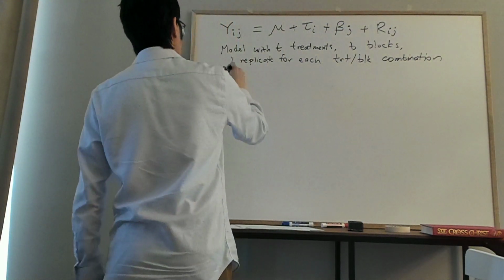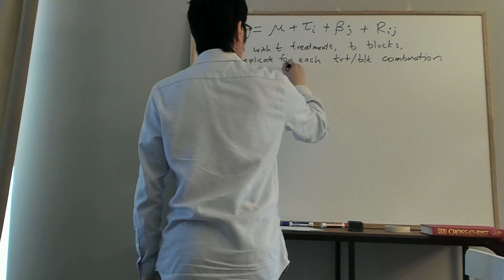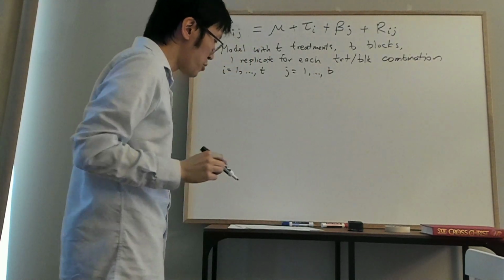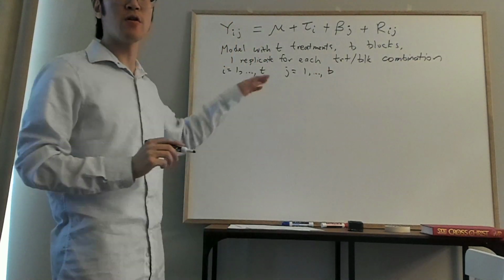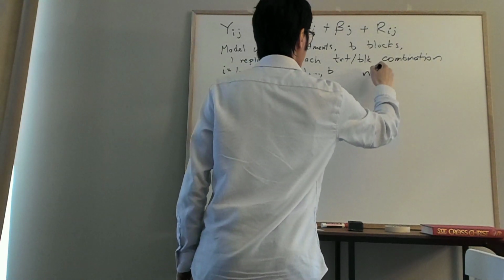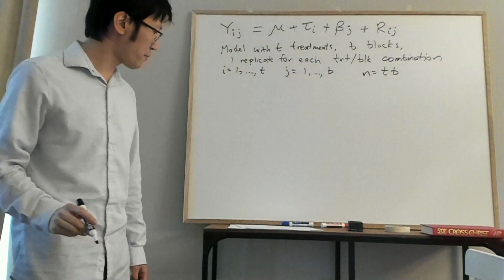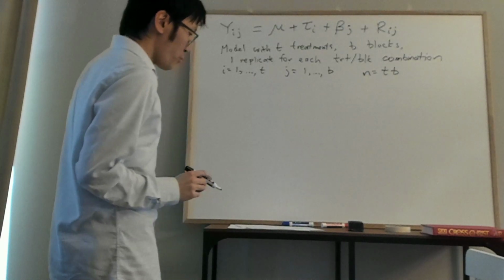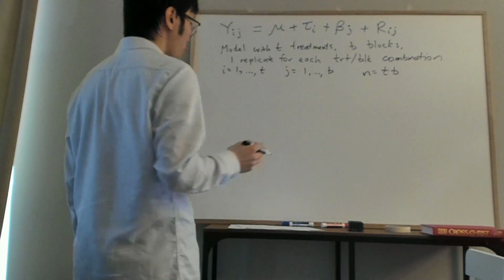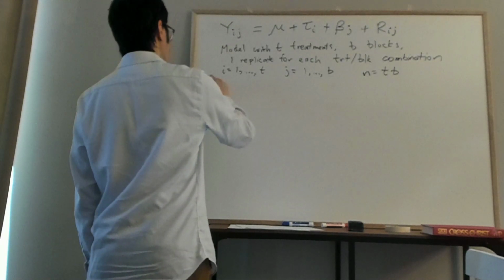Okay, so in other words, i goes from 1 to t, j goes from 1 to b. So the total sample size is simply the number of treatments times the number of blocks, because we have just one replicate for each combination. So n is t times b. As usual, let's define our notation, the parameters.